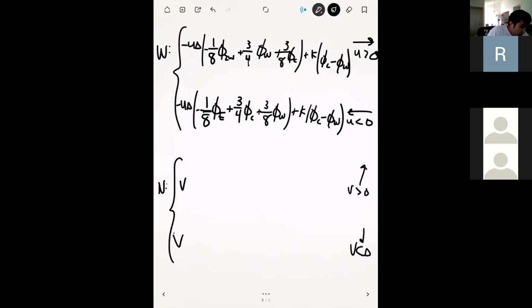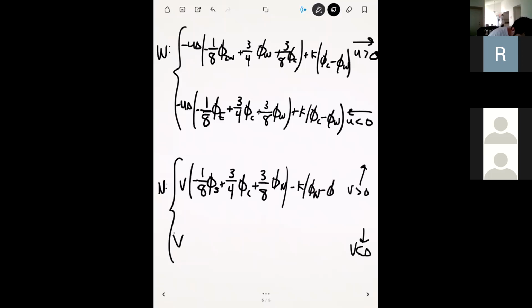So we have v times minus 1/8 phi sub s plus 3/4 phi sub c plus 3/8 phi sub n, minus k times phi sub n minus phi sub c.